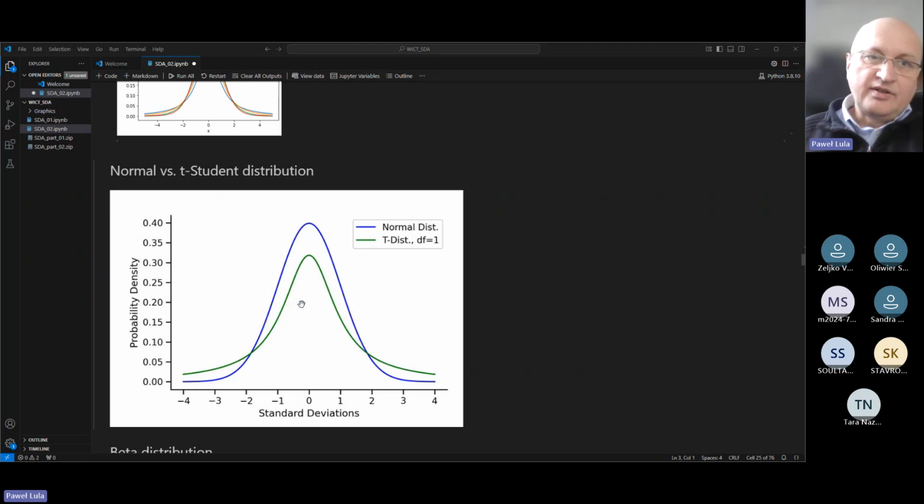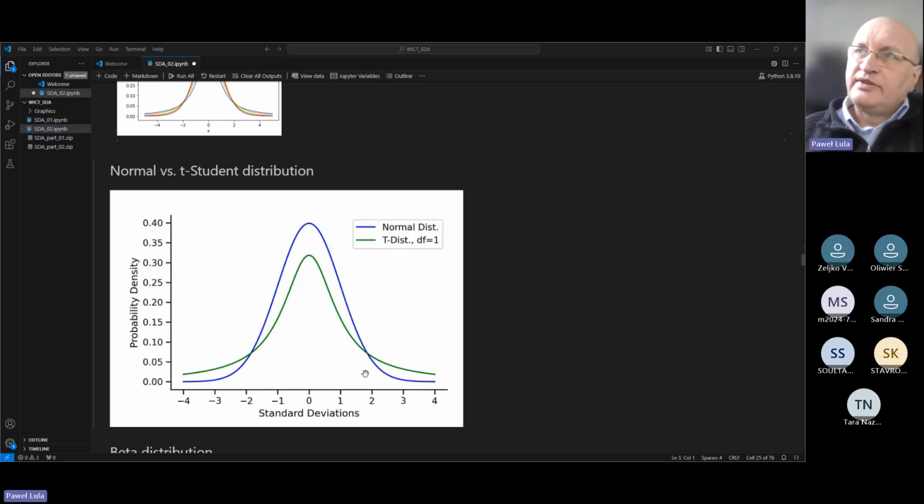We see that they are very similar. We see only two differences. The first is here: the position of the highest point. For normal distribution, it is a slightly bigger value.